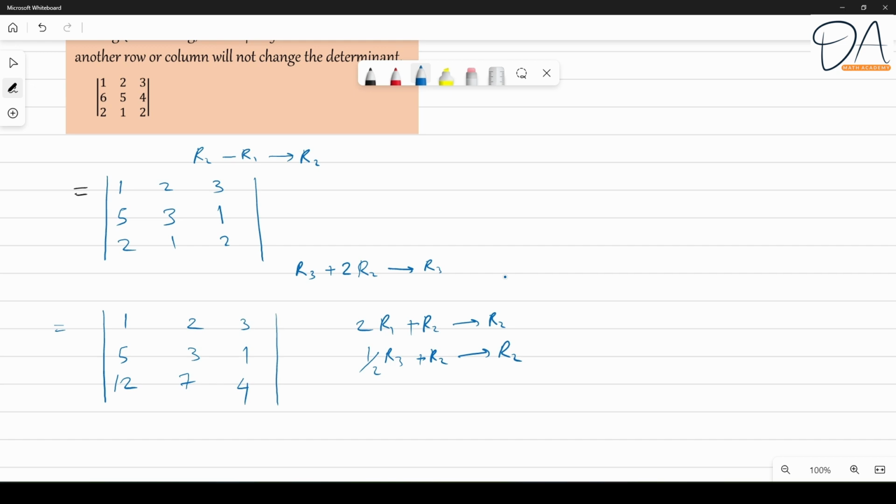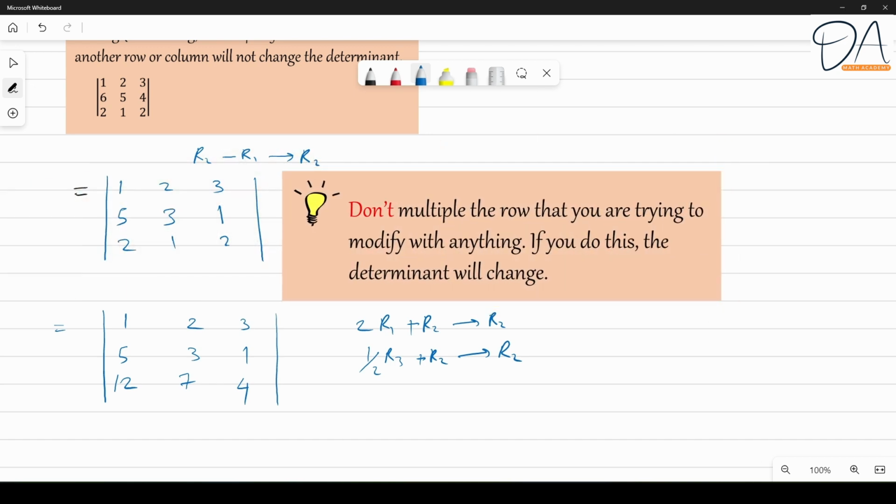That's fine. The main thing is that you are adding a multiple of another row to that particular row that you are trying to modify. But that row itself, you should not multiply it with anything. So for example, you cannot say something like R3 minus 2R2 and this becomes our new R2.